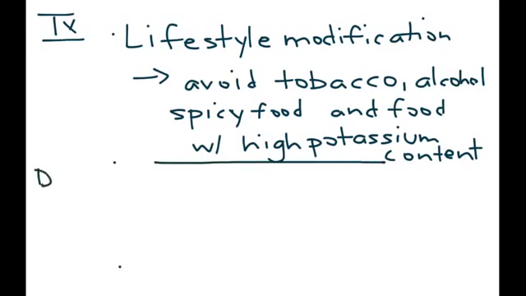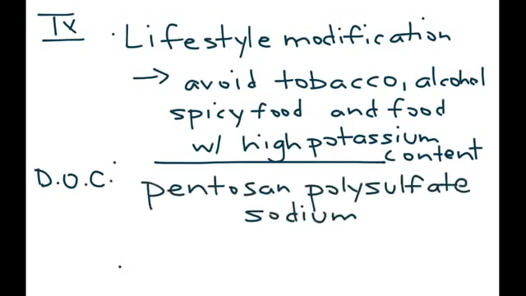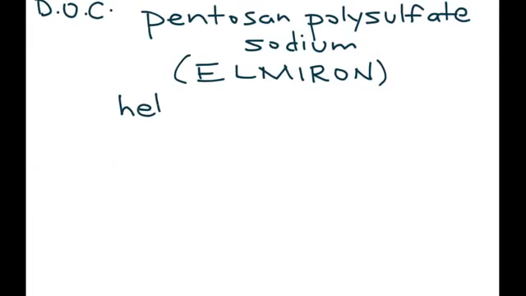The drug of choice for interstitial cystitis and the pain associated with it is a drug known as pentosan polysulfate sodium. And this medication is sold as a brand name called Elmiron, which is a little easier to remember. And this medication helps by restoring the bladder's protective surface lining.